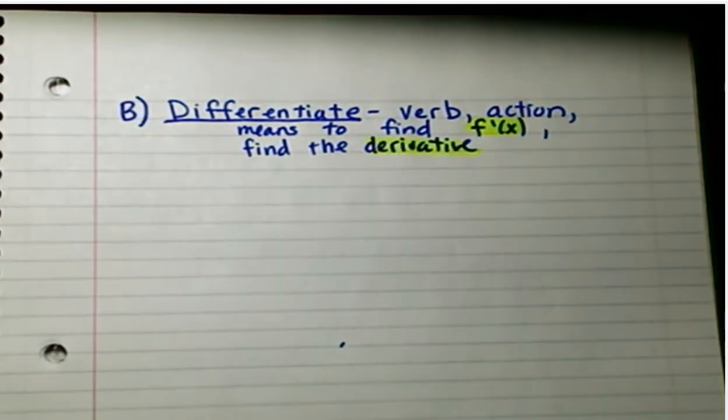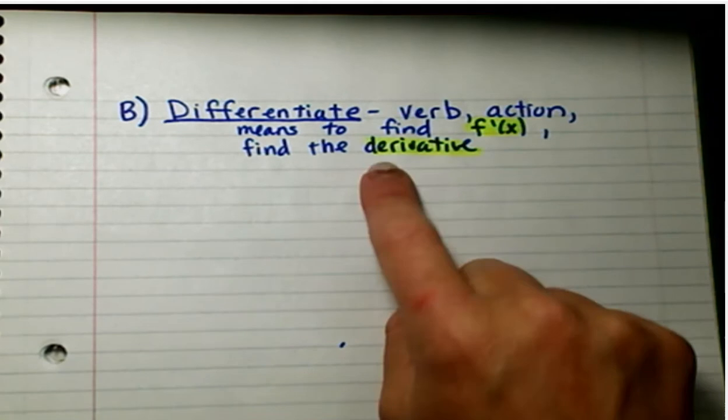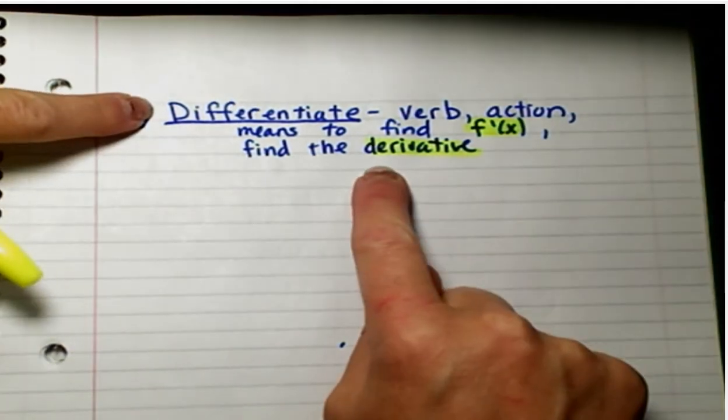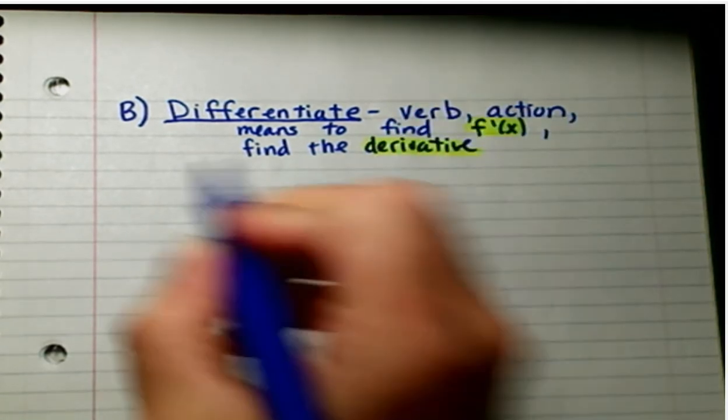The way the questions are worded are going to tell you what you're supposed to do. So there's a lot of words that we can switch back and forth, so we're paying attention to the vocab. Derivative and differentiate kind of sound similar. They're connected.